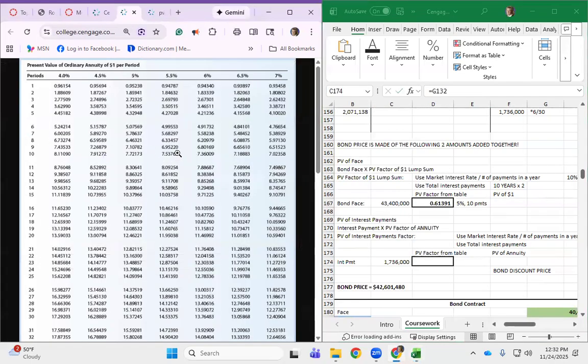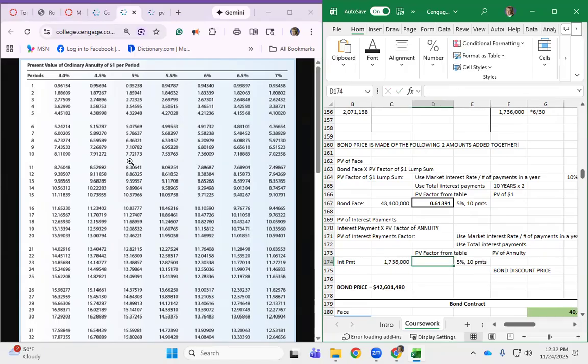I'm going to look at this table. This is a different table, but we still use those same factors of 5% at 10 payments. So I'm going to look for that 5%, 10 payments, and I'm going to put that factor in.